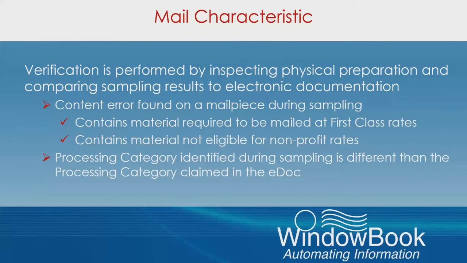Or perhaps the mail piece contains material that's not eligible for nonprofit rates, but you are claiming nonprofit rates in your EDOC. Another possible error would be that the processing category that's identified during sampling is different than the processing category claimed in the EDOC. So for example, they might take a look at your physical mail piece, determine that it needs to be a letter, but you have submitted it as a flat in the EDOC.